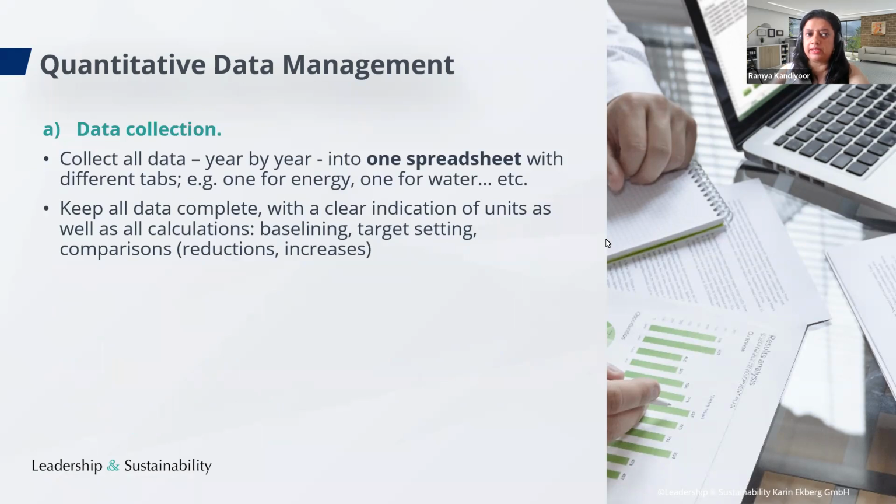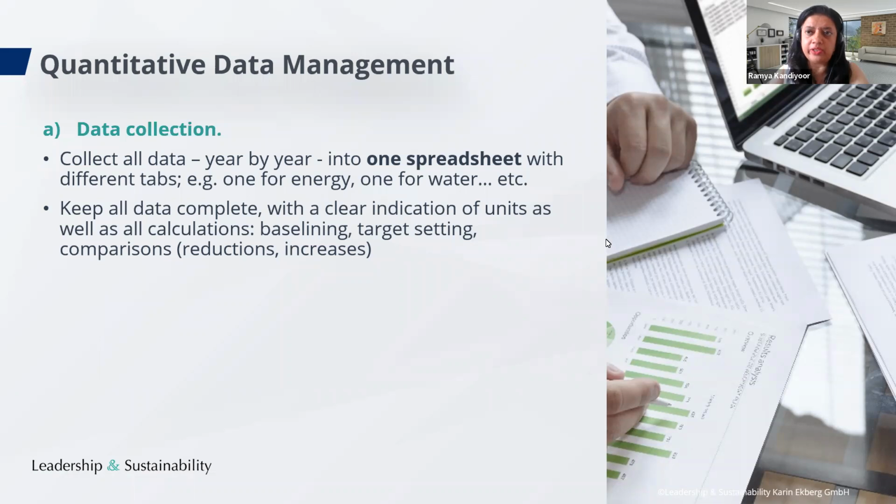Then another aspect that we would like to talk about is also, please try and collect all of the data year by year into one single spreadsheet with different tabs. So you can have one for energy, one for water, one for waste, and you can keep a dashboard which gives you an overall view of all of your data.